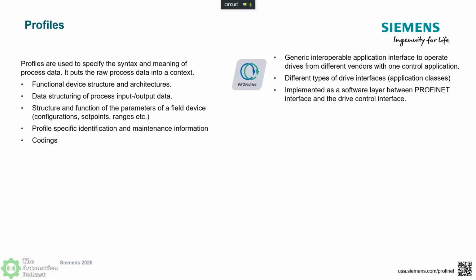It has a generic, interoperable application interface that makes it transparent to configure any kind of device which supports PROFIdrive. So if you have a PROFIdrive-supported I/O device from vendor A and one from vendor B, it doesn't matter. The I/O controller won't see any difference.